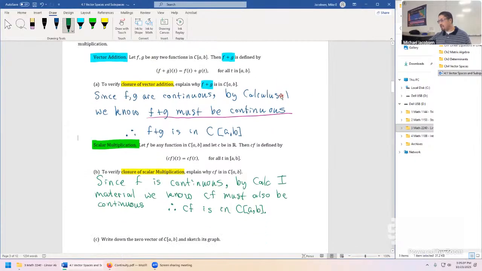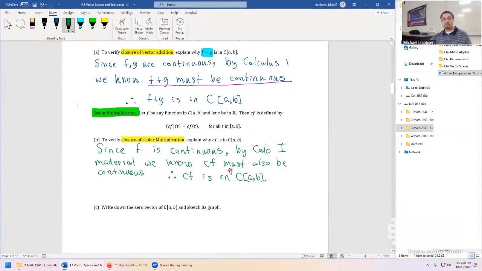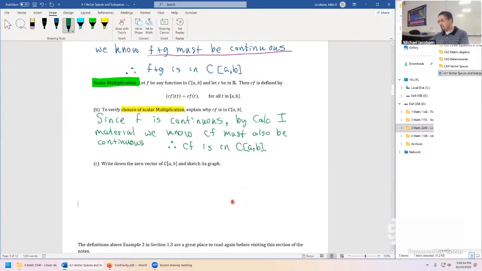Okay, next concept is, if it's a true vector space, and it is, we have to be able to somehow, some way, write down the zero vector. So write down the zero vector of CAB, sketch its graph just so we can get some intuition at what we're even looking at. Well, first, these things are functions, so I wouldn't write it down this way any longer. This is more appropriate if you're thinking, say, section 1.3, vectors in Rn, or maybe even matrices, vectors in Rm by n.